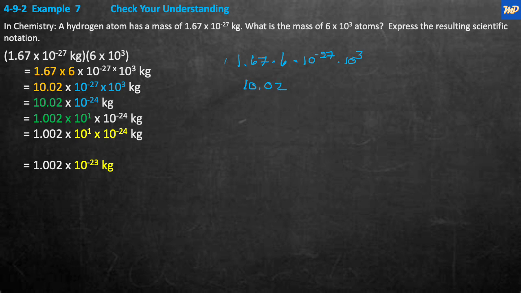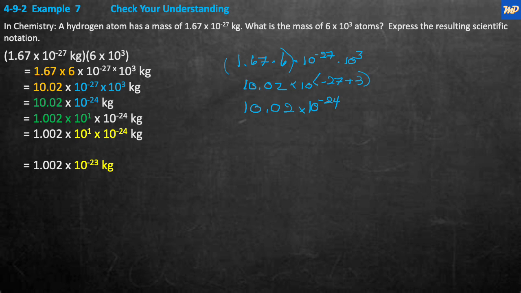I multiplied these two. And then it's times 10 to the minus 27 plus 3, which is 10.02 times 10 to the minus 24. Minus 27 plus 3 is minus 24.